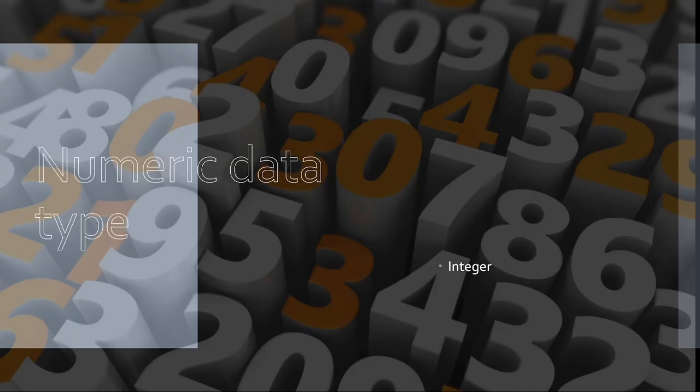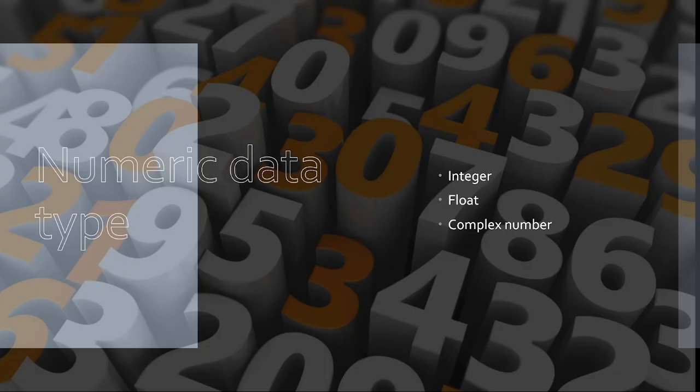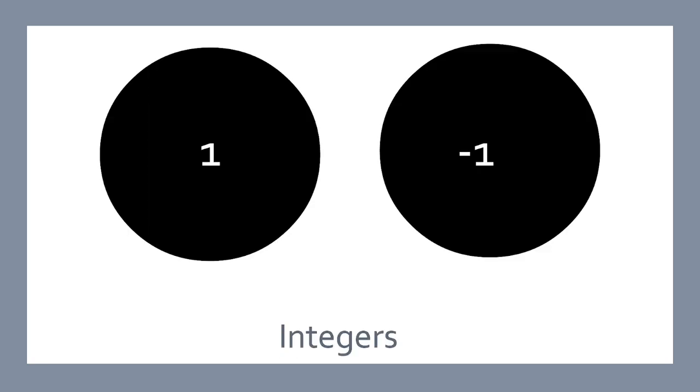These are predefined functions in Python, which will provide the class type based on the variable being passed. Python offers three different kinds of numeric types, which are integer, float, and complex numbers. The integer class represents any non-fractional number, that is, a whole number with no decimal places. These numbers can be positive or negative. For example, 1 or -1.